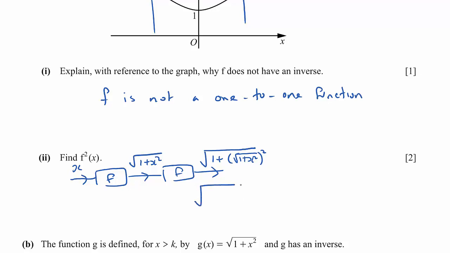So that's going to be the square root of 1 plus 1 plus x squared, which is the square root of 2 plus x squared. So f squared x is going to be the square root of 2 plus x squared.